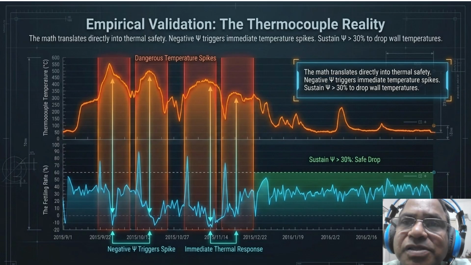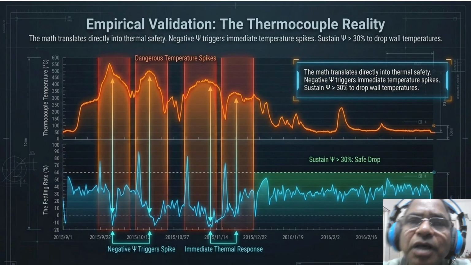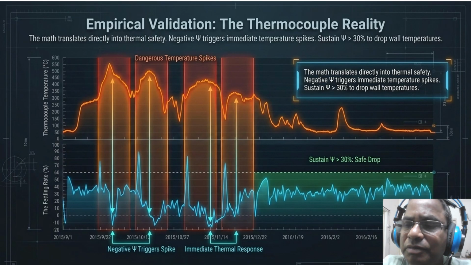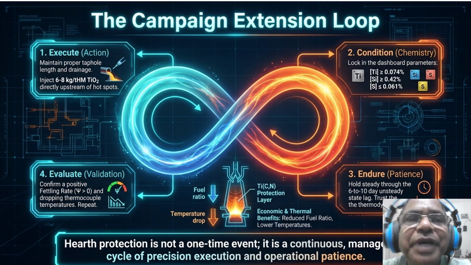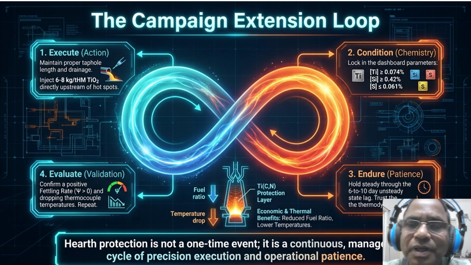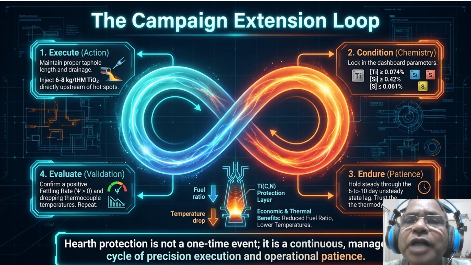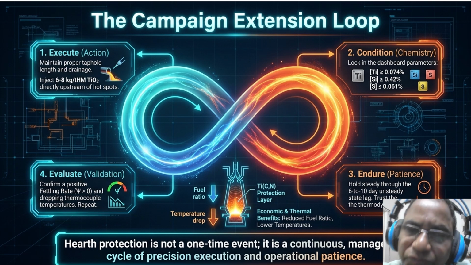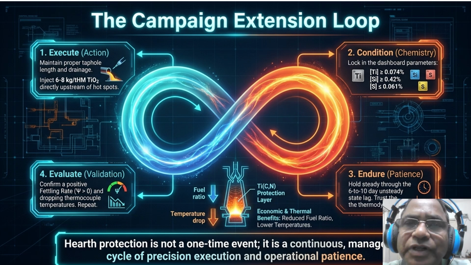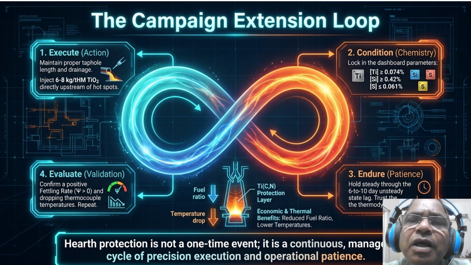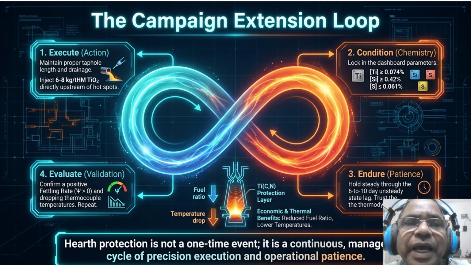So this brings us to our final continuous loop of operational excellence, headed with the campaign extension loop. For hearth production, what we have seen is not a one-time event. It's a continuous, manageable cycle. Look at the infinity loop. It starts with step 1, that is execute.